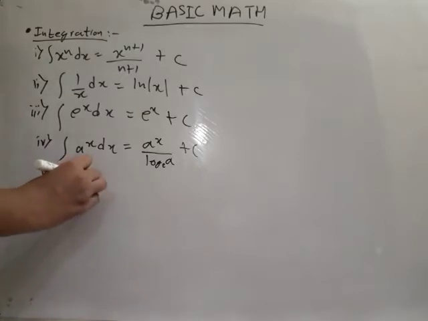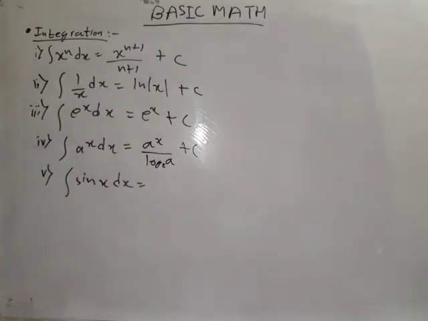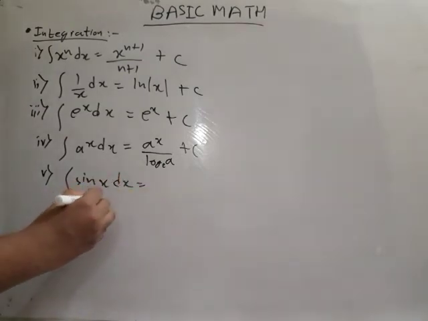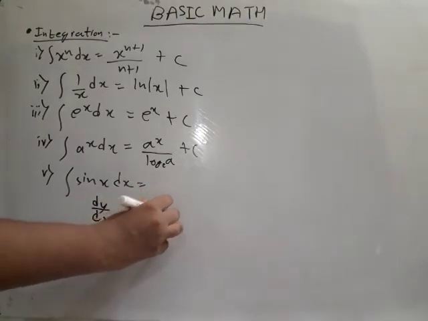Integral sin x dx. Now we see that differentiation of cos x was what? Minus sin x. So dy by dx equals minus sin x, since y equals cos x.